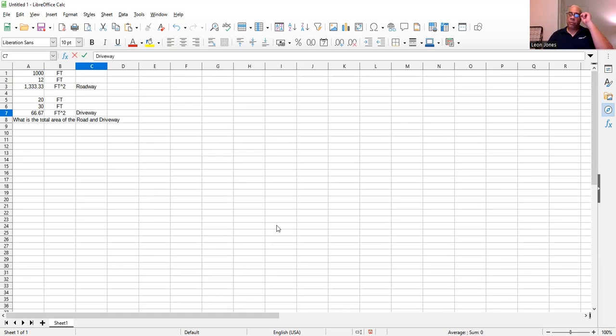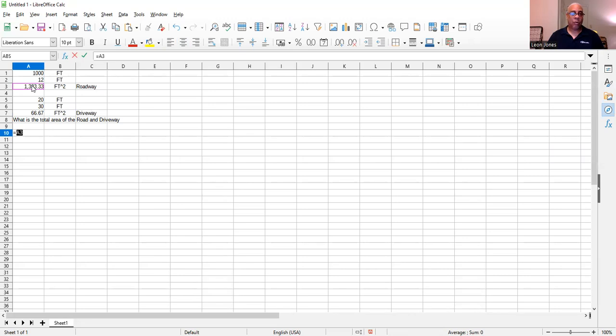Now remember, I said, what are the total areas? What's the total area? I have 2 different areas. So what I'm going to do is take the total area, which is in square feet.